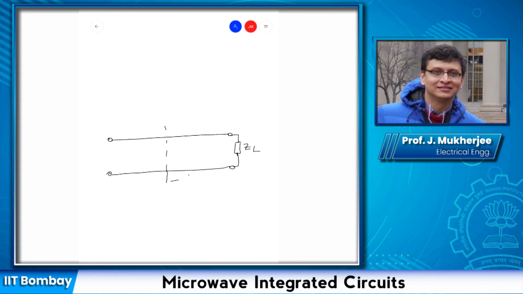Suppose at a distance d from the load end, we want to find out the input impedance. And the expression for the input impedance is given as follows. Now here we are assuming that this transmission line is lossless.